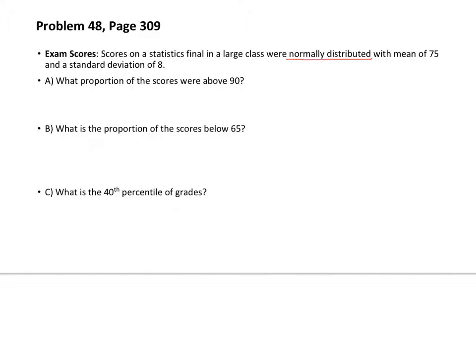So we want the following probability statement. The probability that x, which is the scores, is greater than 90. And again, by hand, it would be 1 minus the probability that x is less than 90, similar to what we did last time, and we have to change it to a z variable.